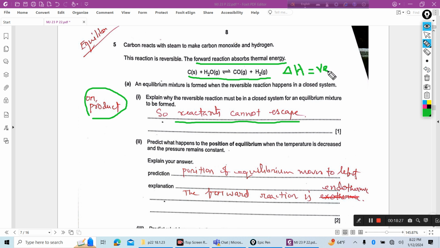If you decrease temperature, equilibrium will go in the exothermic direction to increase temperature. So it will go from right to left. The position of equilibrium moves to the left to produce heat. You can write the forward reaction is endothermic, or the reverse reaction is exothermic.